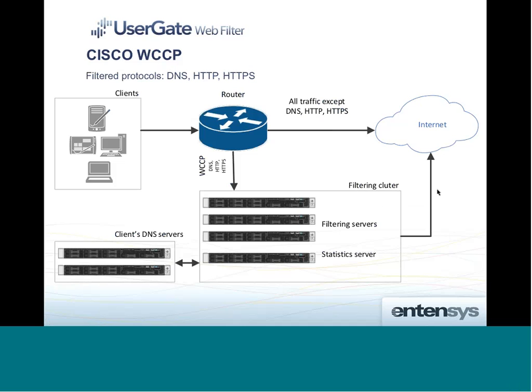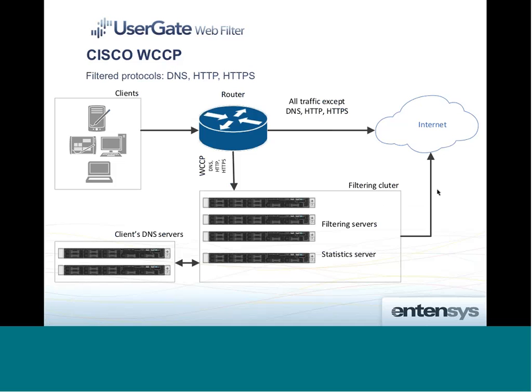Another way, if it's an ISP or a big company that wants more than one filtering server, a cluster, they need to balance all traffic through that cluster. One of the ways which can be used here is the WCCP protocol from Cisco.